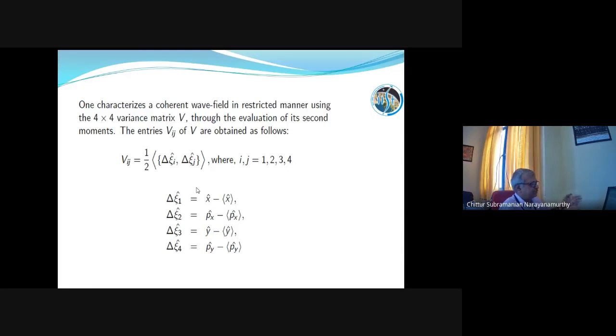If you measure the position of this light beam along the transverse direction, you have x and y points. When you introduce turbulence, the points shift to a different position. When you take the slope of this wavefront, it becomes px along the x direction and py along the y direction. So we use this slope as equivalent to the momentum of light in quantum mechanics.